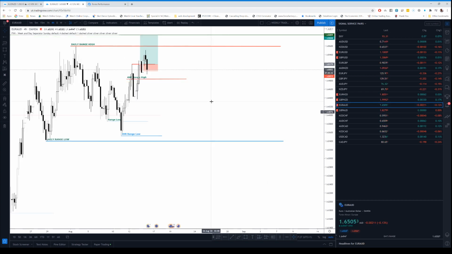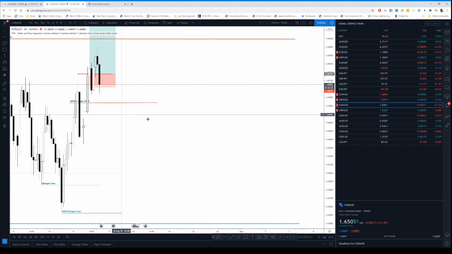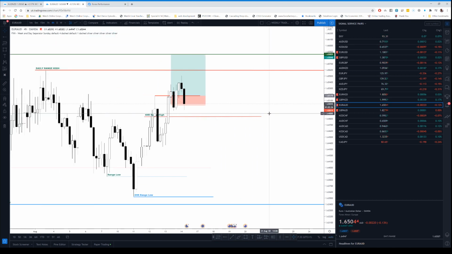Euro Aussie, yesterday I did give you something, a run below an old low into a down candle. I don't like where this down candle is, because this one did hit it.